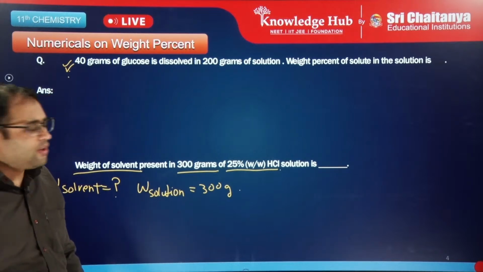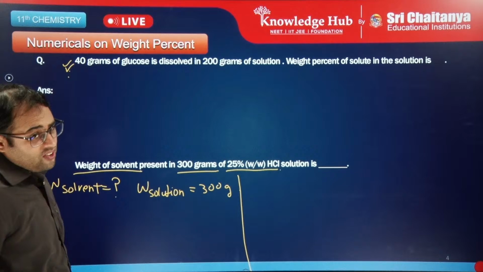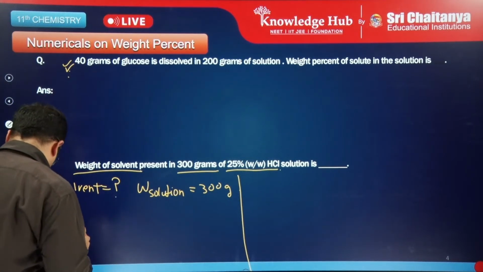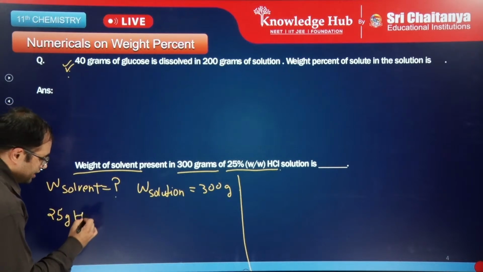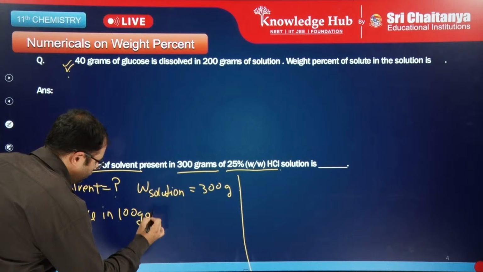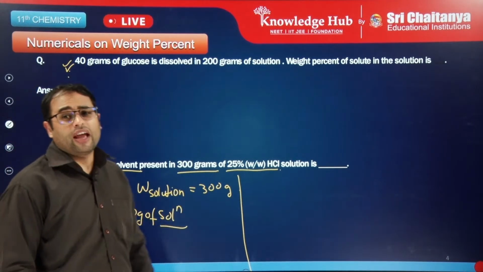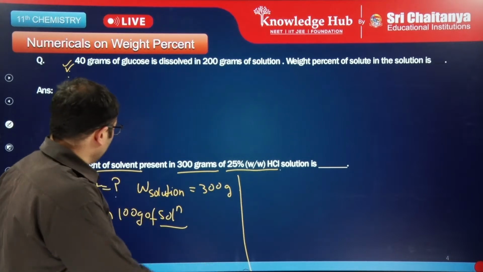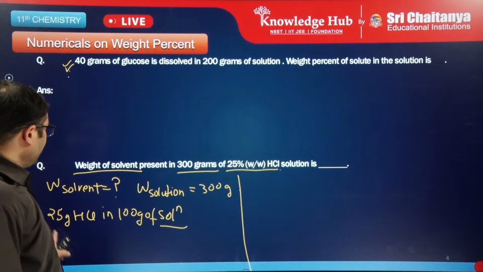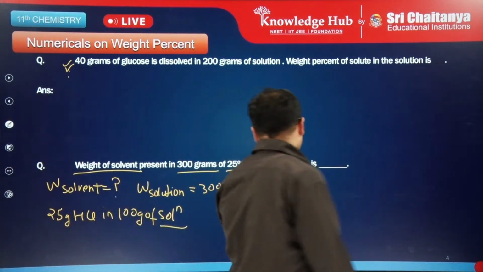So what does 25% mean? 25% means 25 grams HCl in 100 grams of solution. SOL raised to power n is my way of writing short for solution. So 25 grams HCl is present in 100 grams of solution.